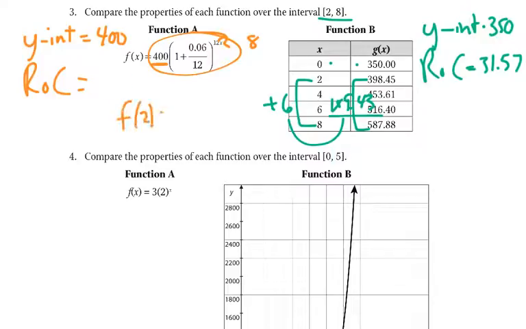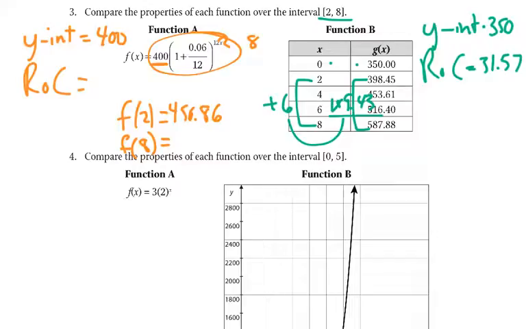So f of 2 would equal, so I go 400 times 1 plus 0.06 divided by 12, raise that to the 12 times 2. And I get 450.86.